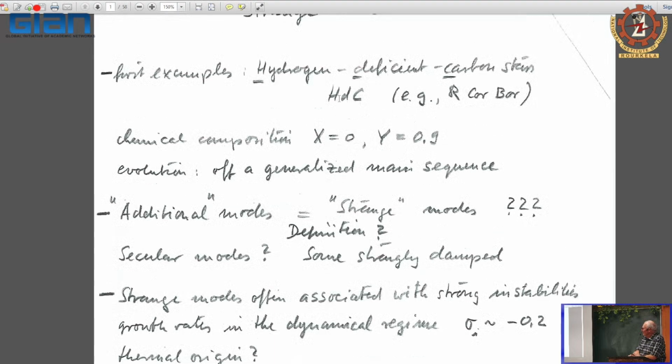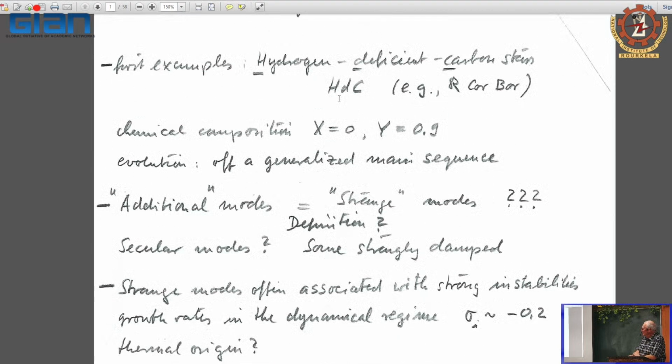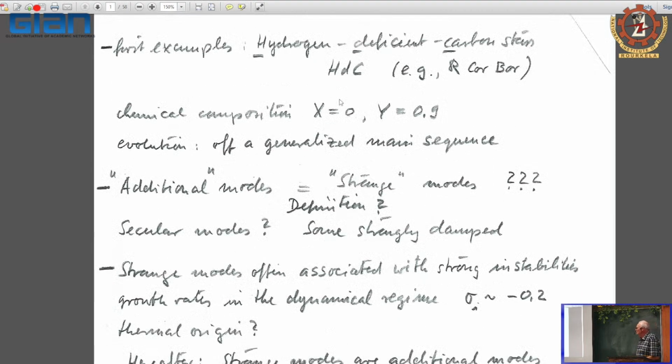Well, the result is that there seem to be additional modes, and because nobody knew what to do with these modes, because they are not expected, they have been called strange modes. There's no secret behind it. Strange modes are additional modes.